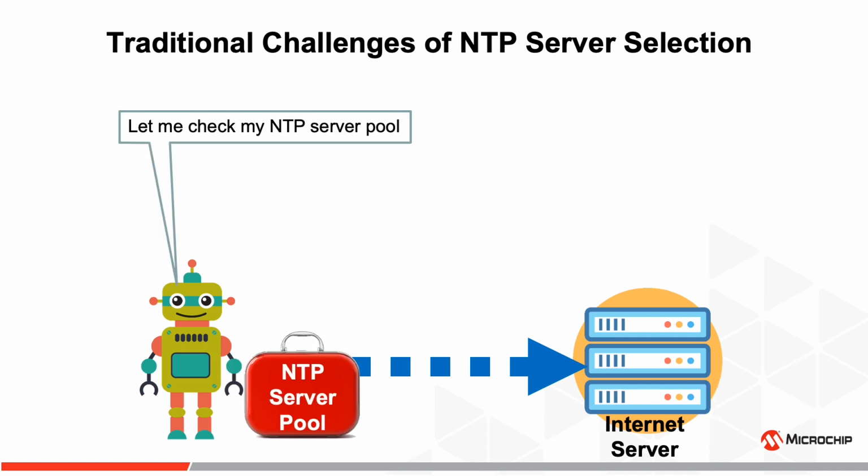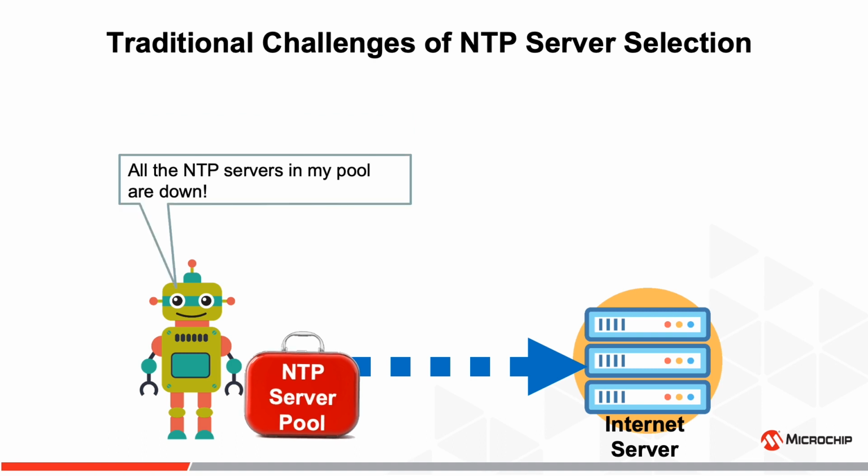In our prior software, we had a fixed set of network time protocol servers that we could pull from. So we would talk to those servers, find out network time, and then provide that time. Well, oftentimes those are not available.